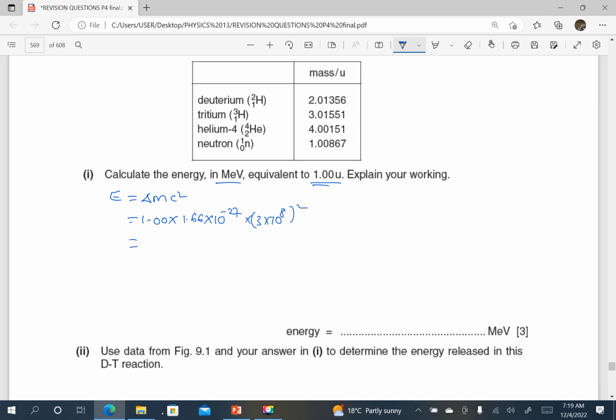So this gives me 1.494 times 10 power negative 10 in joules. We want it in mega electron volts, so we divide 1.494 times 10 power negative 10 by 1.60 times 10 power negative 13.